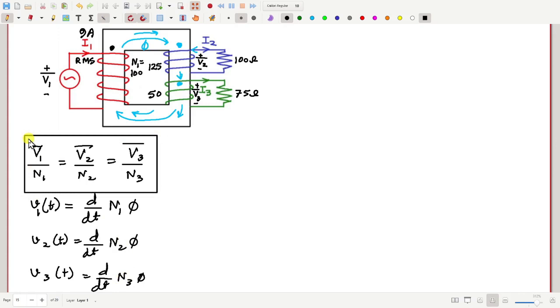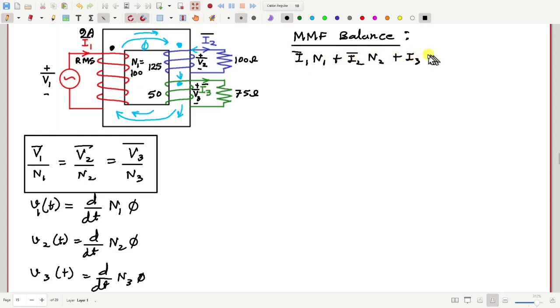What else can we say? Other than that, we have the MMF balance condition, which requires that the total MMF, I1 N1, these are all phasors, plus I2 N2 plus I3 N3, should sum up to 0.